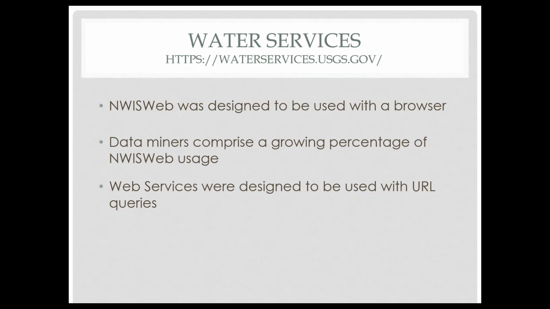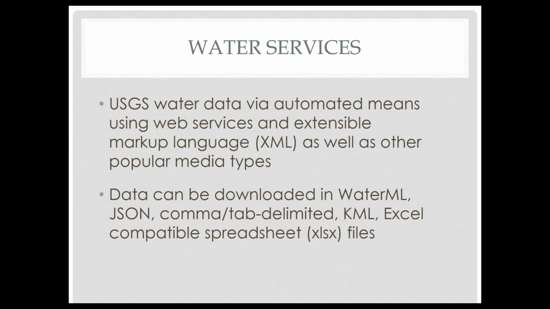We have services built for that. NWIS Web is designed for the browser, but for data miners, you can basically build your URL to describe the type of information you want to retrieve and retrieve it in an automated fashion.